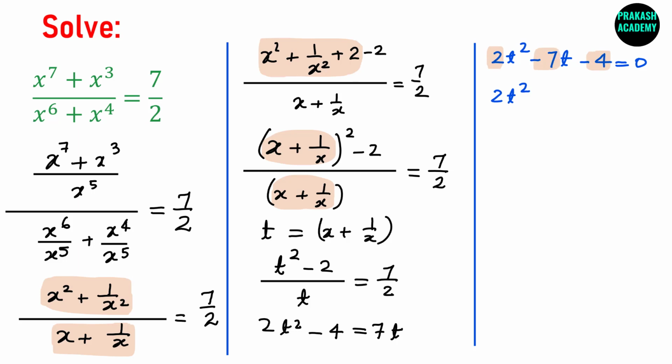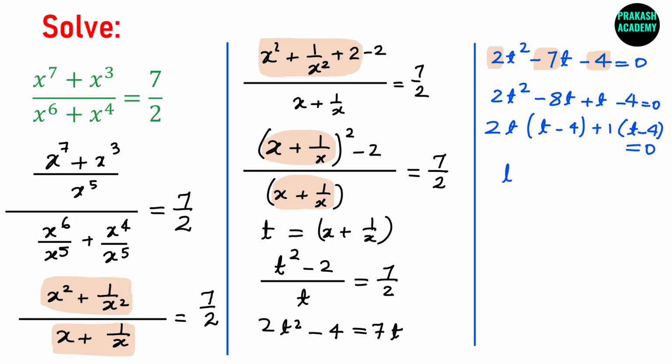So these two numbers can be minus 8 and plus 1, giving 2t square minus 8t plus t minus 4 equal to 0. If I take 2t common, this will be t minus 4, and plus 1 common, so this will be t minus 4, equal to 0.